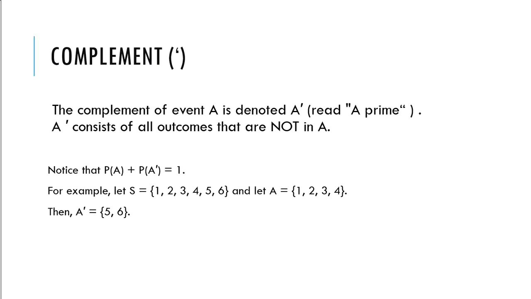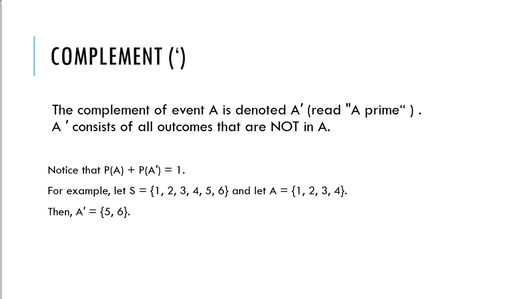All right, complement. Sometimes this throws people, but let's think of the complement as the difference from what's in the event. We note it as A prime. It's A with a little prime symbol at the top, and that means not A. So notice that the probability of event A plus the probability of the complement of A equals 1.